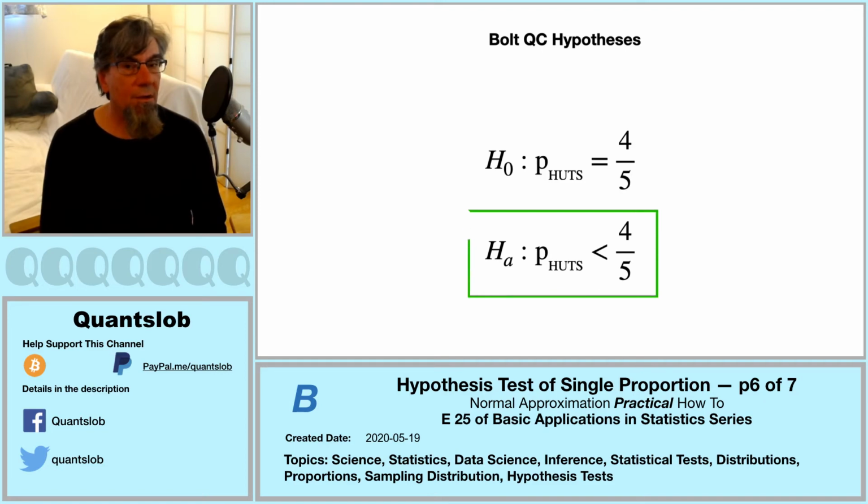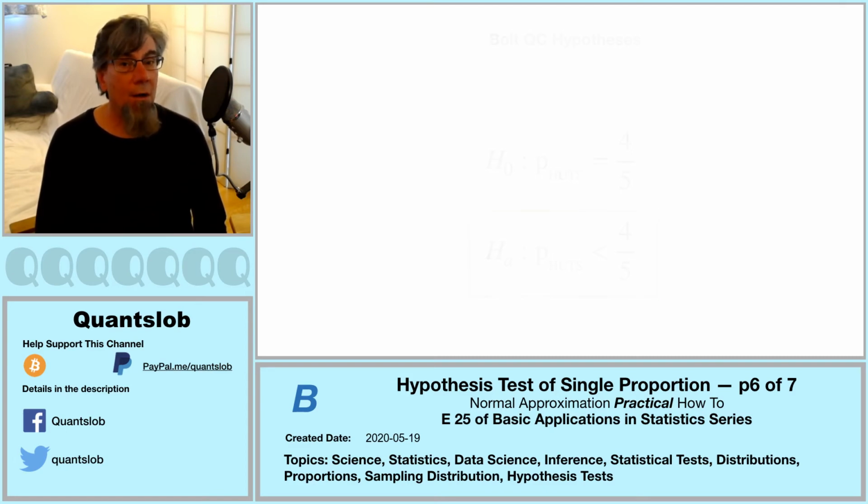This is reflected in our alternative hypothesis. Here, our research inquiry is concerned with the prospect that the true population proportion of high UTS bolts is less than 4/5. If so, we may have to downgrade the specification and reduce the price of this batch run, and maybe even have our bolt making machine inspected and serviced.